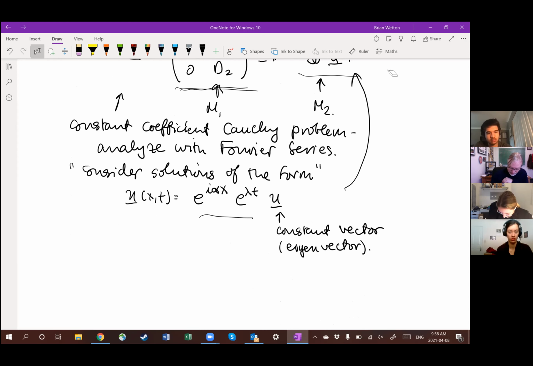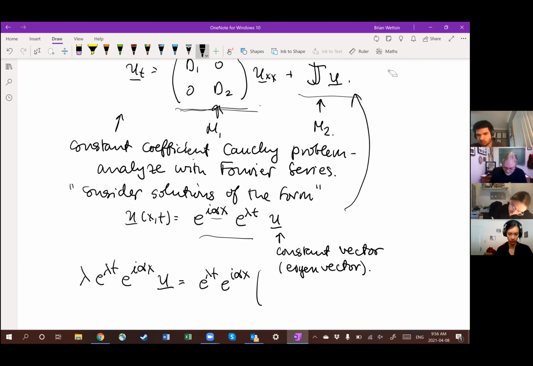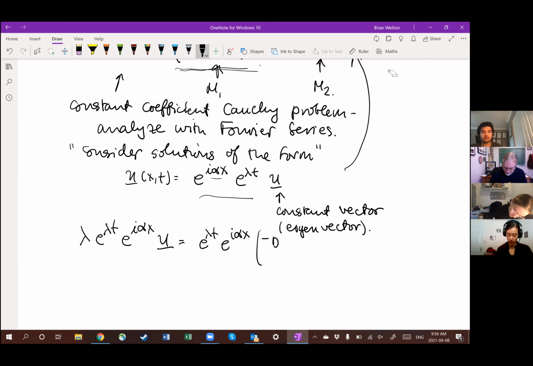When I take the time derivative, I get lambda e to the lambda t, then e to the i alpha x, and then this constant vector u. When I take the second space derivative, I get the minus alpha squared coming down. So I get e to the lambda t, e to the i alpha x, but with a vector which has one component minus d1 alpha squared u and minus d2 alpha squared v.